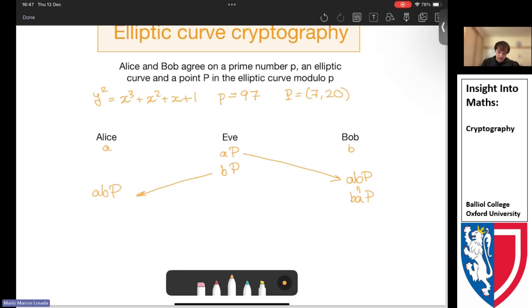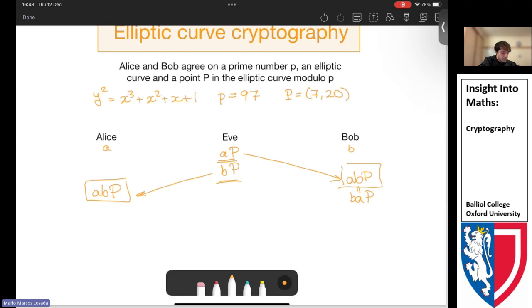So both Alice and Bob are now able to compute this magic point, abP, but Eve can't, because all the information that Eve has is the value of aP and the value of bP, right? In practice, it's very hard to go back from aP and find the value of a.